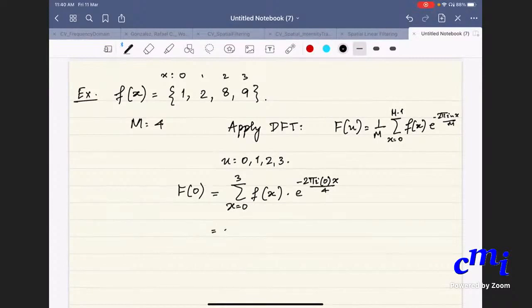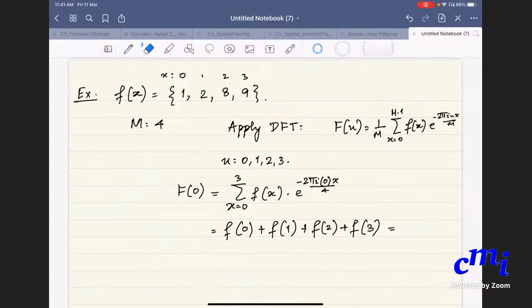And so we are simply doing f0 plus f1 plus f2 plus f3. So F(0) is just the sum of these four function values, which comes to 1 plus 2 plus 8 plus 9, which is 20.